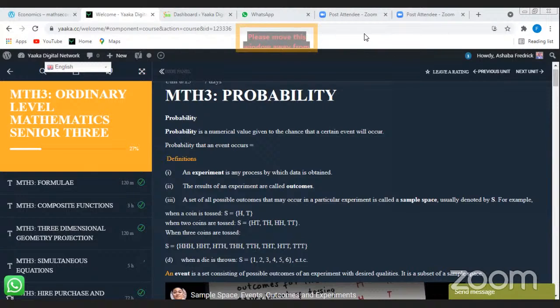When you toss it, you might either land on the side of the head or the tail. For example, if it's a 100 shilling coin. So that's how.